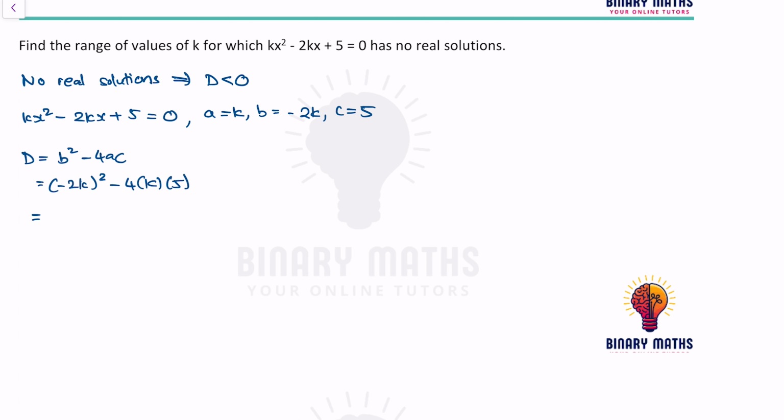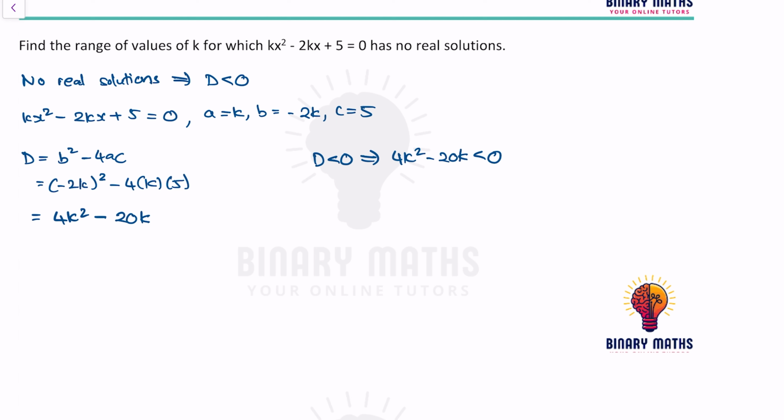Negative 2k all squared gives me 4k squared minus 20k.